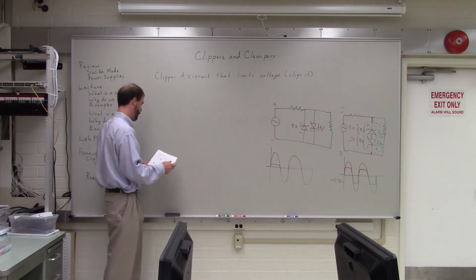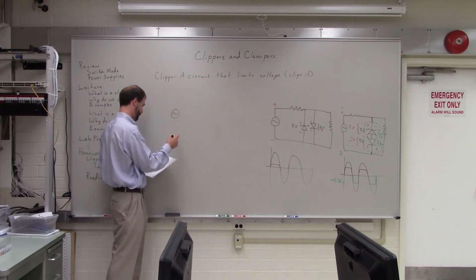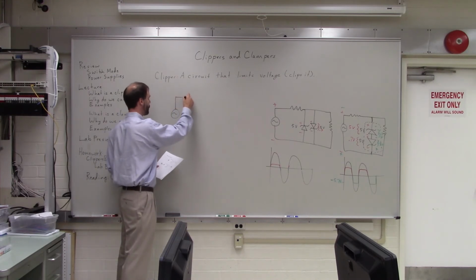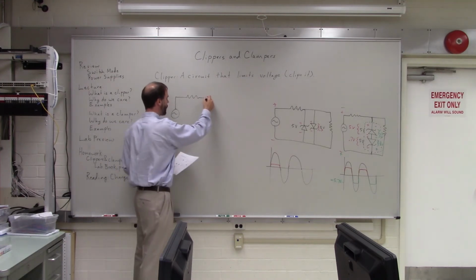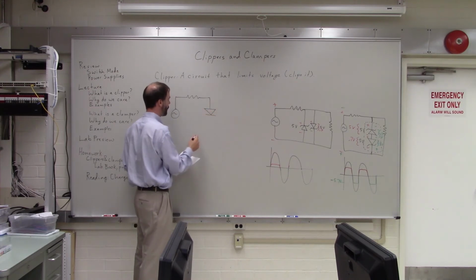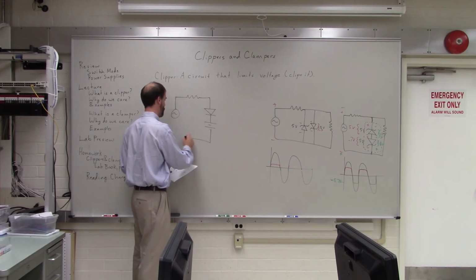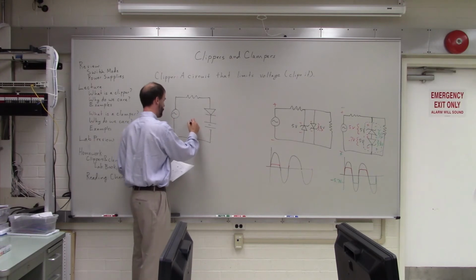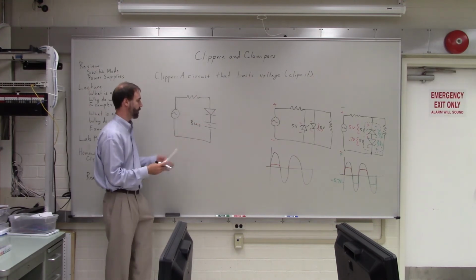So, you can have one where you've got a diode like this, and then you've got another power supply here, which is called a biasing power supply.